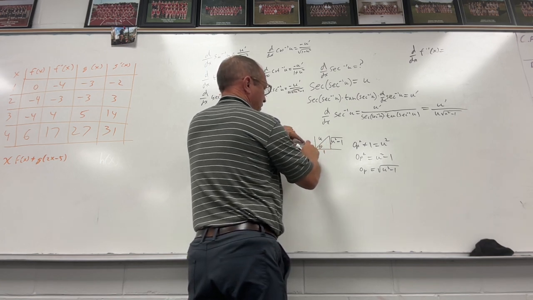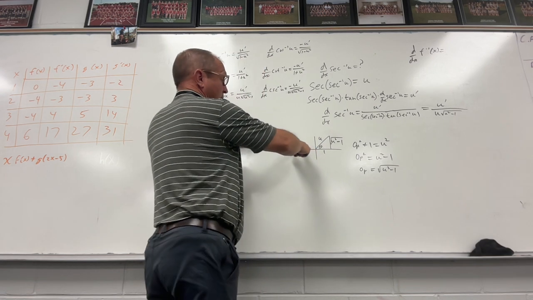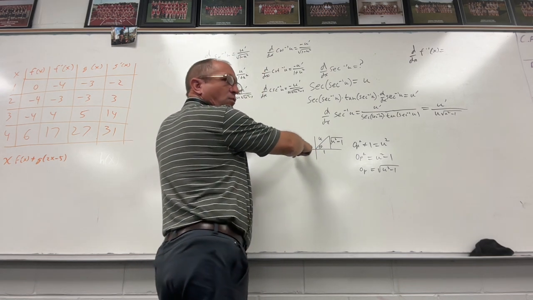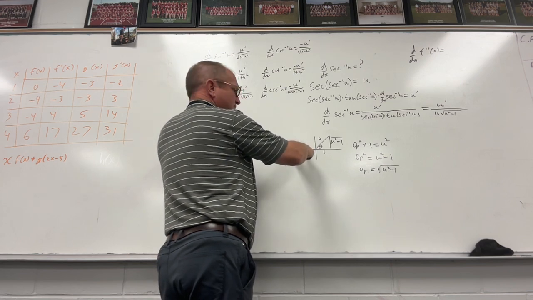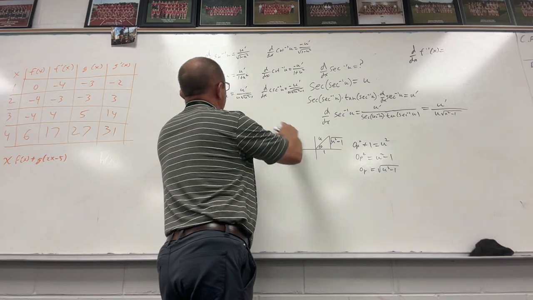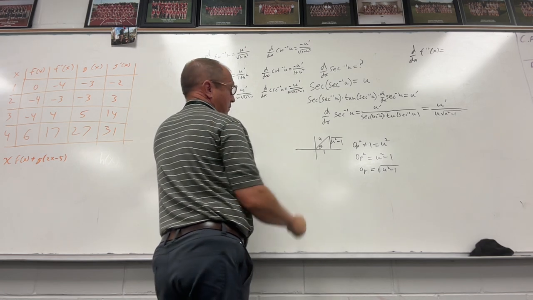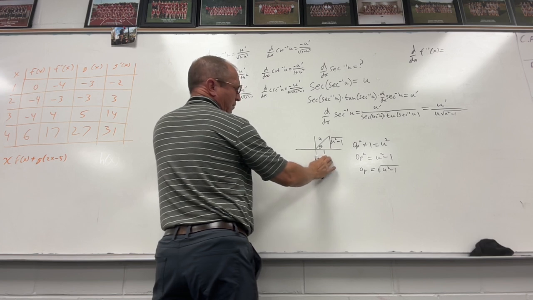So cosine inverse is negative in this quadrant. And secant would also be negative in this quadrant. Secant inverse would also be negative in this quadrant right here. Tangent inverse would be negative in this quadrant.